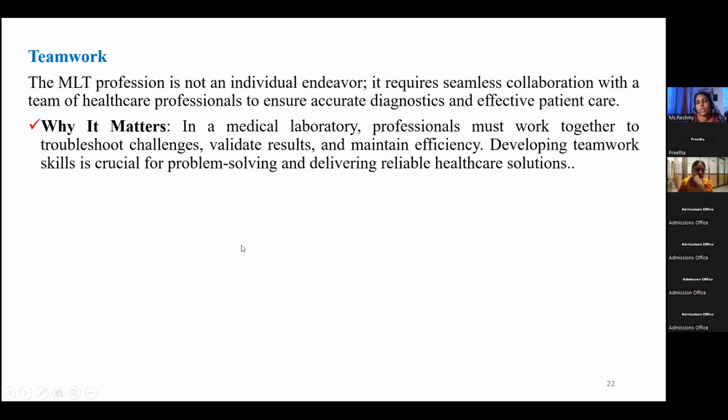Next is teamwork. So the MLT profession is not an individual endeavor. You are not working single-handed. You cannot run a laboratory single-handed. There is teamwork required. You need to have the ability to work with a team in problem solving.